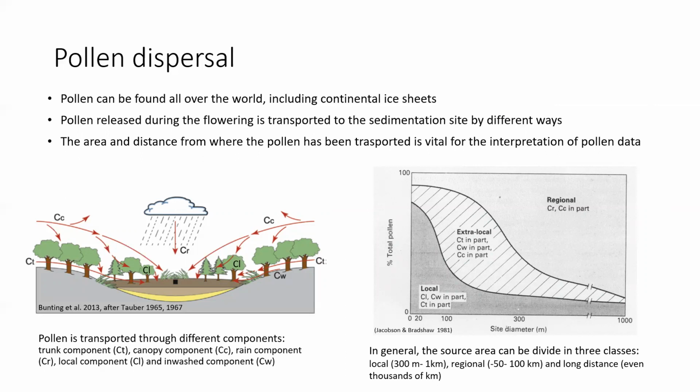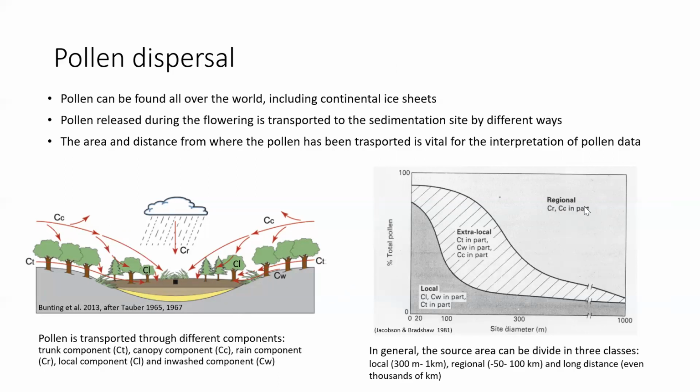In 1981, Jacobson and Bradshaw made a schematic figure where they divided the source area of pollen in 3 classes, meaning that, for example, if you have a site that is less than 100 meters in diameter, then almost 80% of the total pollen rain coming to the site is from the local component, or from near the study site.